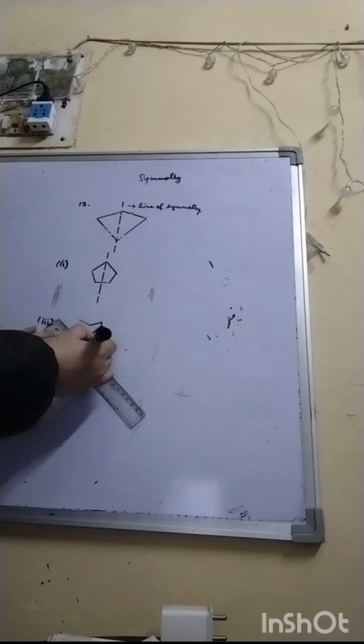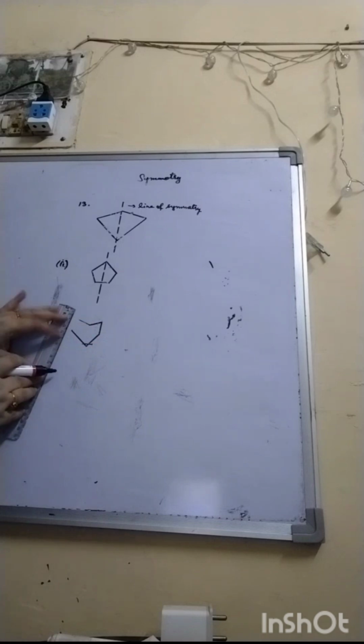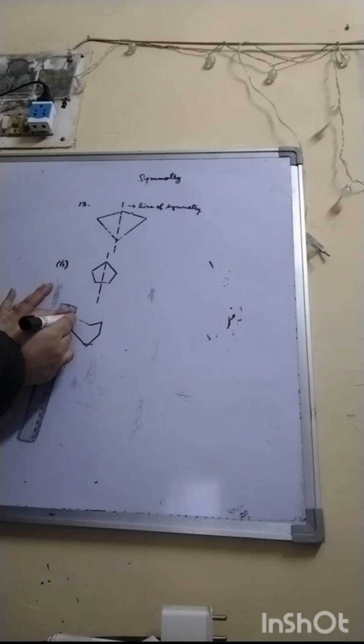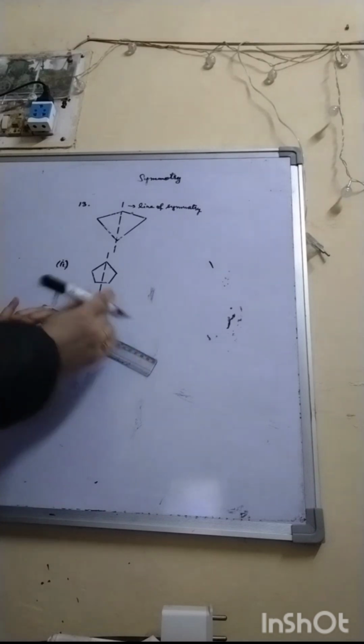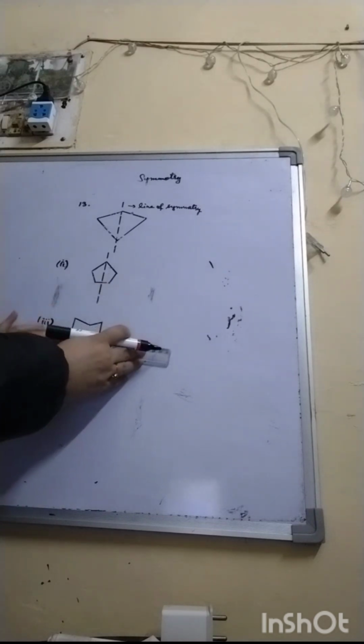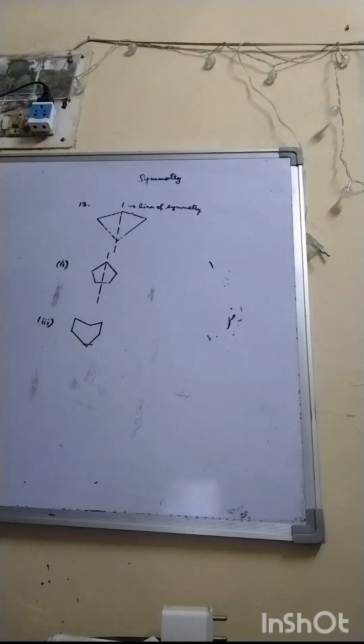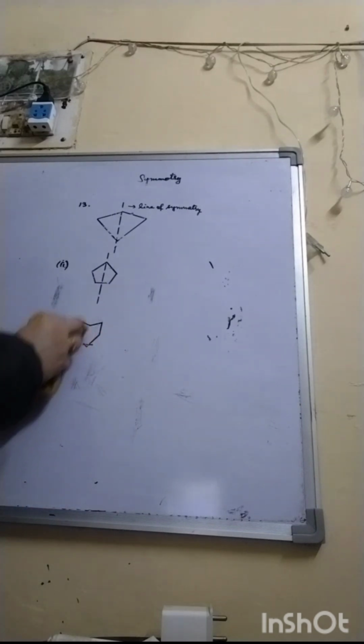So this is how you would complete first this, then the vertical line, and so a bit of unsymmetry is there.